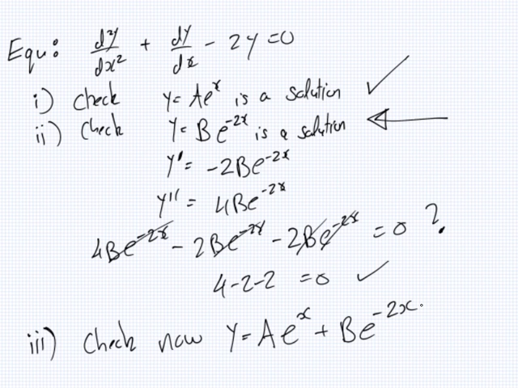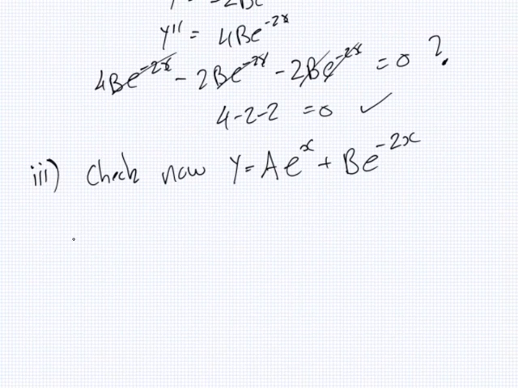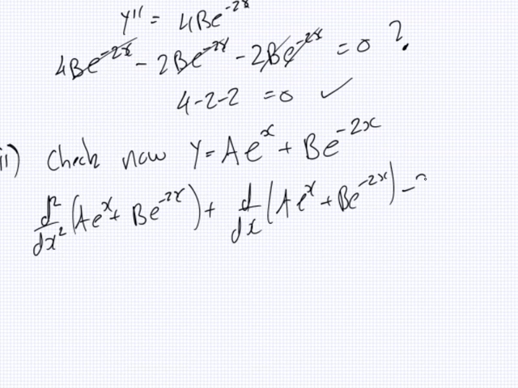Okay? It's actually a quick way to do this one. Because what you can do is say, I just need to check the second derivative of this plus the first derivative of it minus twice it.